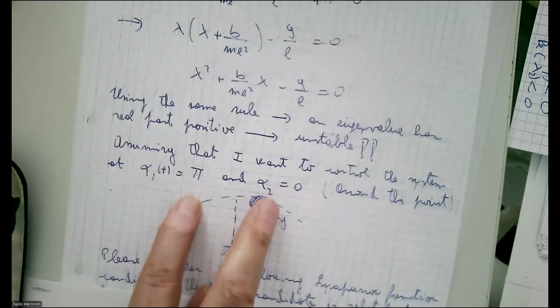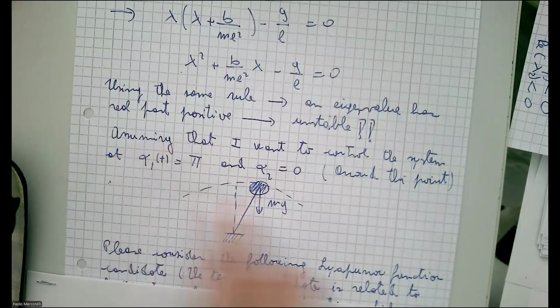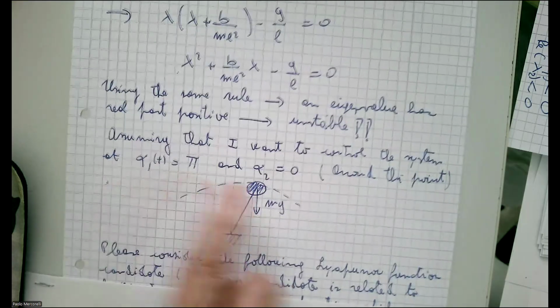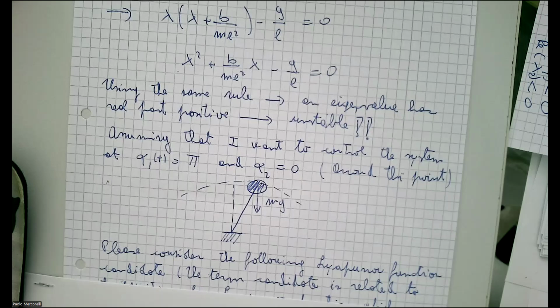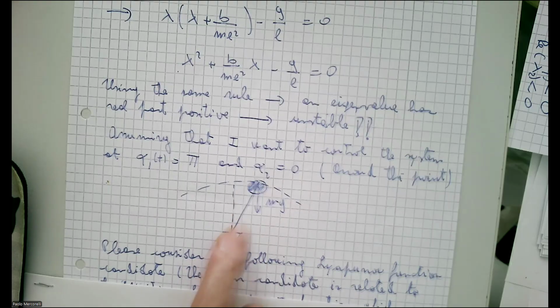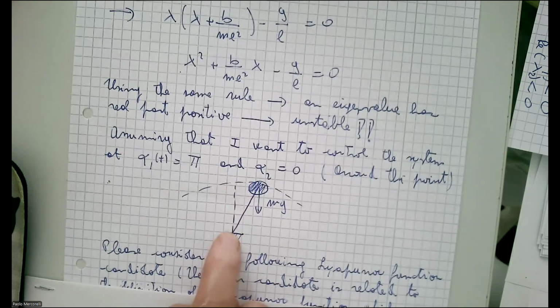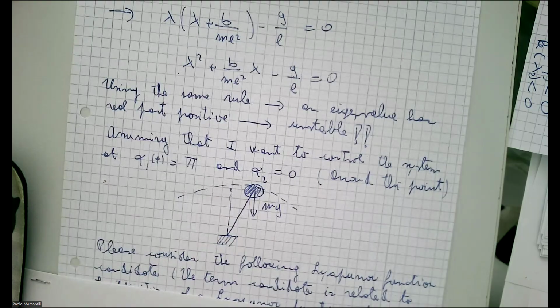These characteristics, alpha 1 pi and alpha 2 0, characterize the unstable equilibrium point, pi 0. Do you remember? Of course, to control at this point, we need an actuator. It's not exactly the case of the segway. I'll show you the segway later.